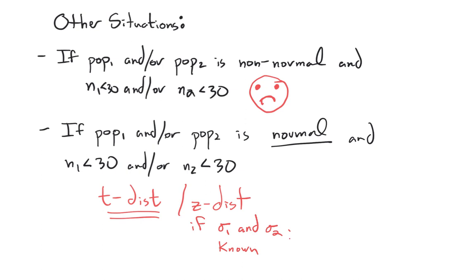Then our standard error is going to be just like it was before: the square root of the standard deviation of the first population squared over n1 plus the standard deviation of the second population squared over n2, and then take the square root of all of that.